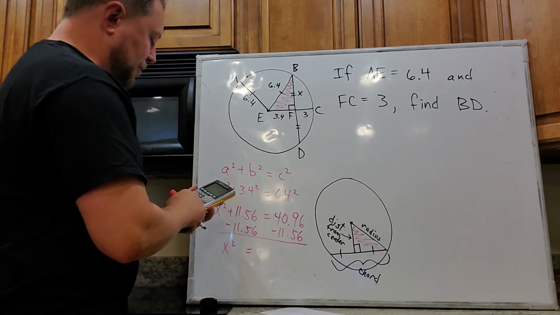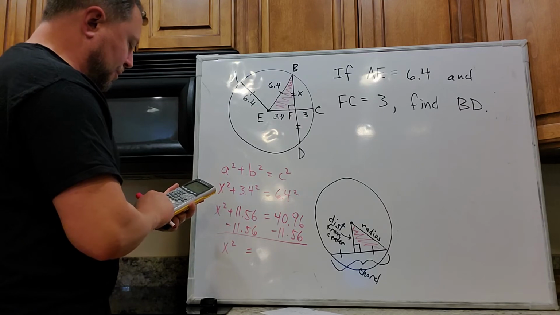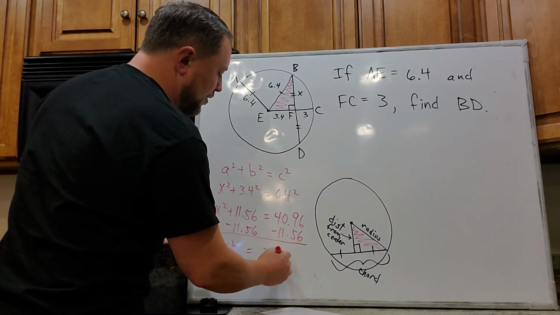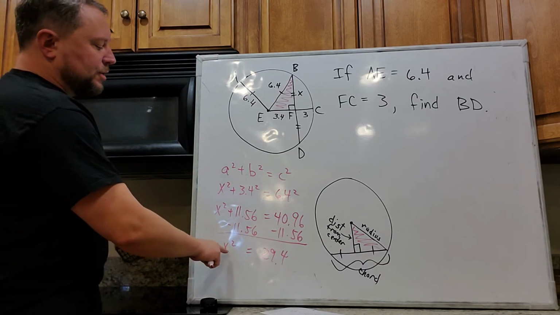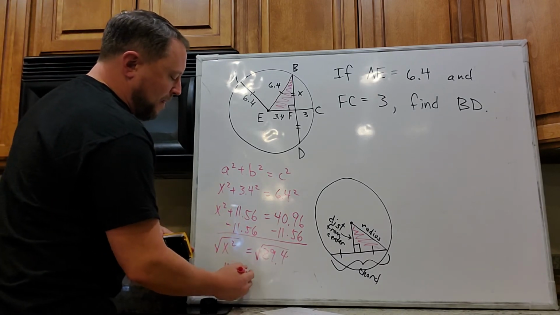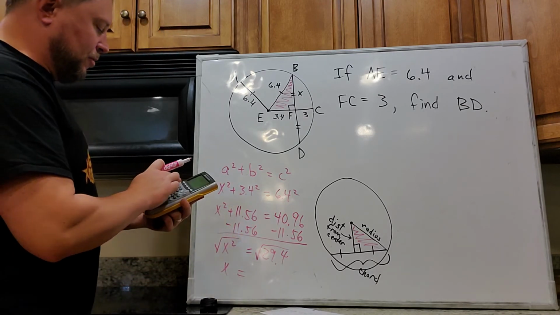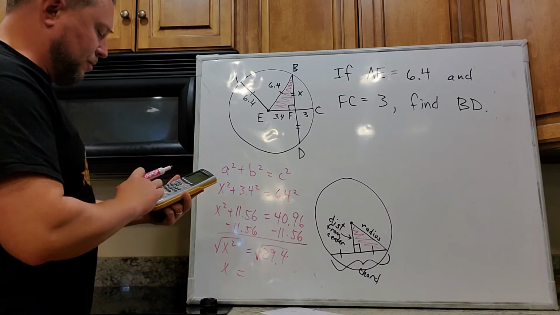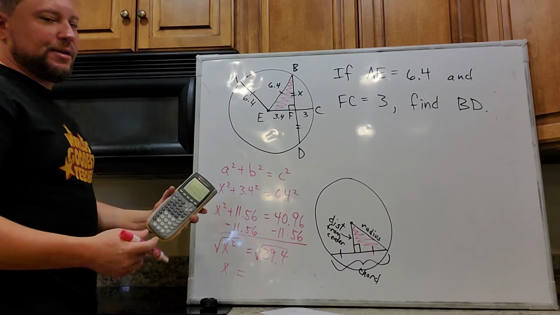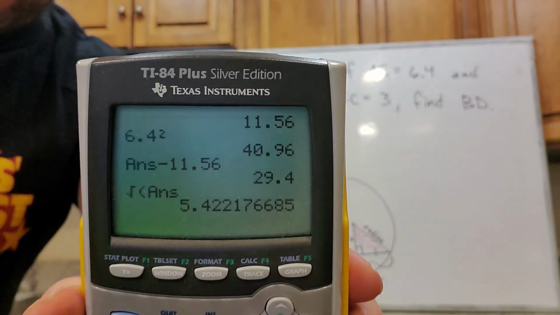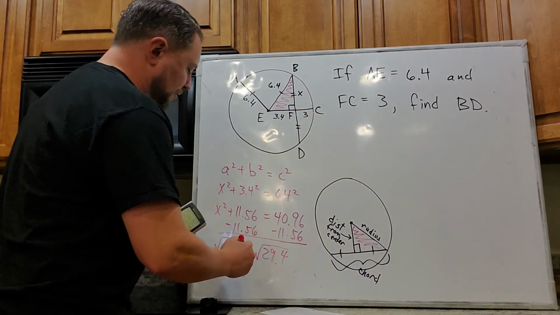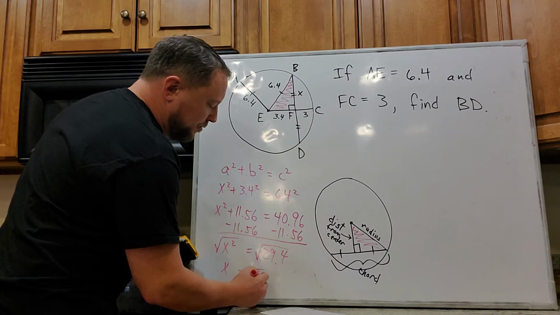So 40.96 minus the 11.56 leaves me with 29.4. And then, of course, I get rid of a square by doing the square root. So the square root of 29.4 approximates to, you're going to have to round this because it's a big long decimal there, 5.4 approximately.